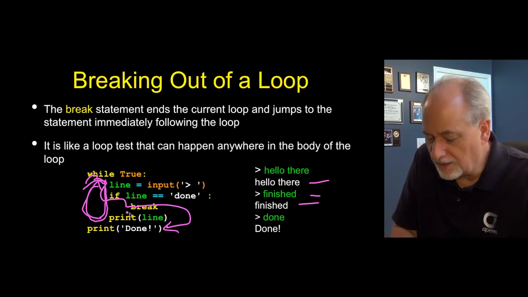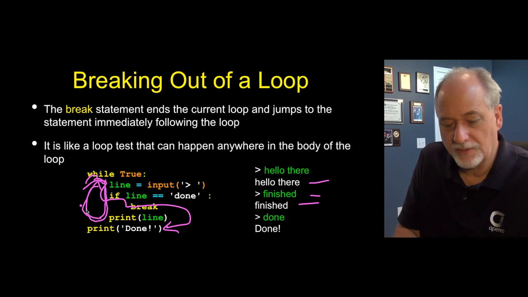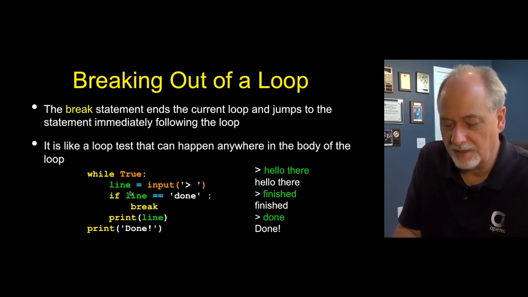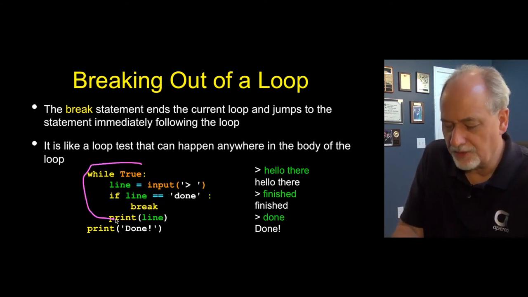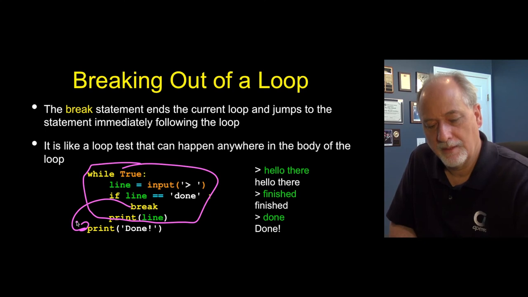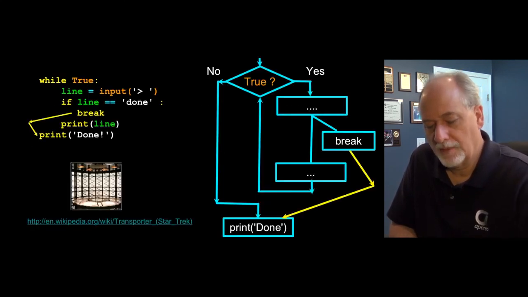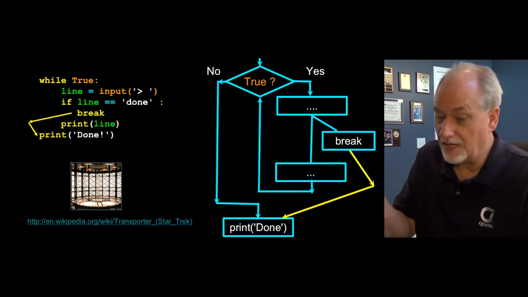The key is it doesn't go back. It's like once you've done a break, that loop is done. And so you look at basically the block that is the loop. So here's kind of the loop block. And then the break goes to the line after the end of the loop block. You can think of this as sort of like just a hyperspace jump.